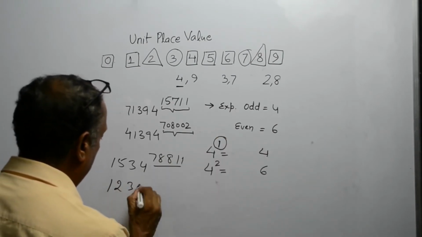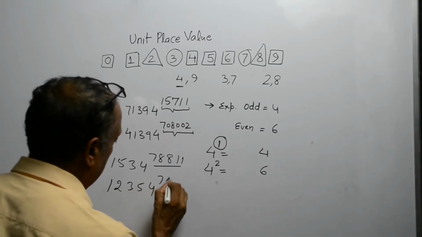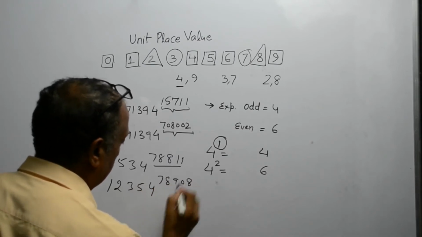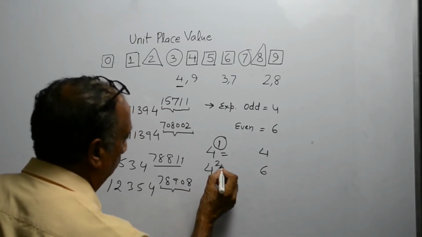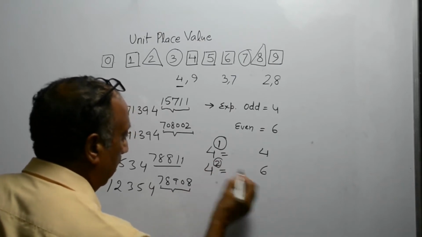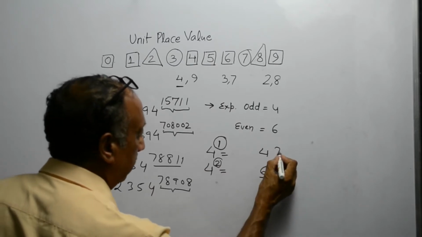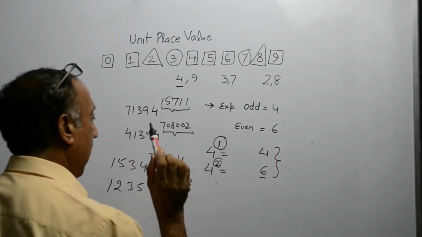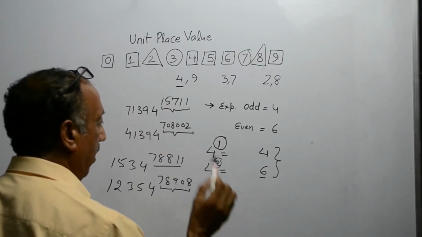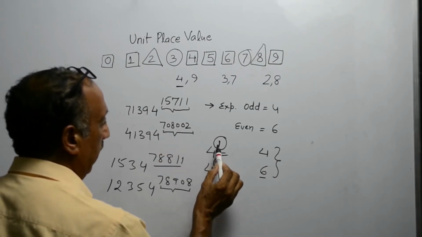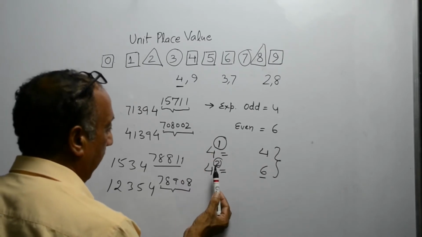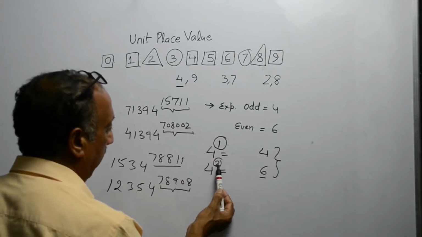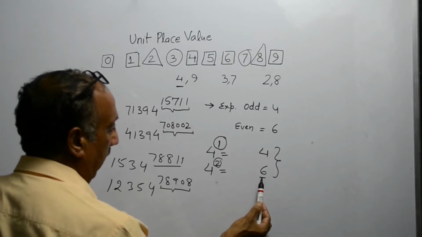If the exponential is an even number, it is 4 raised to power 2, and 2 is an even number, so the answer will be 6.